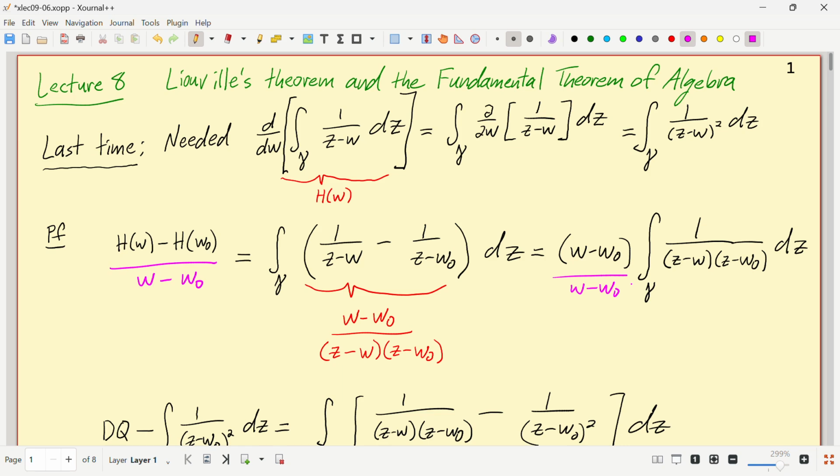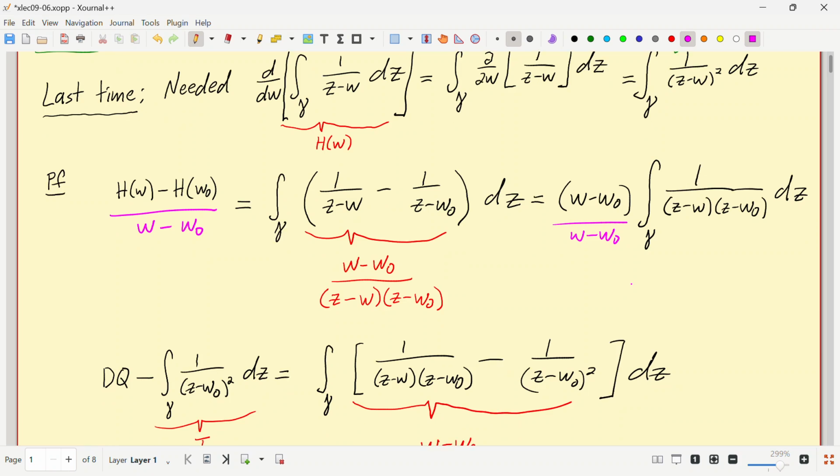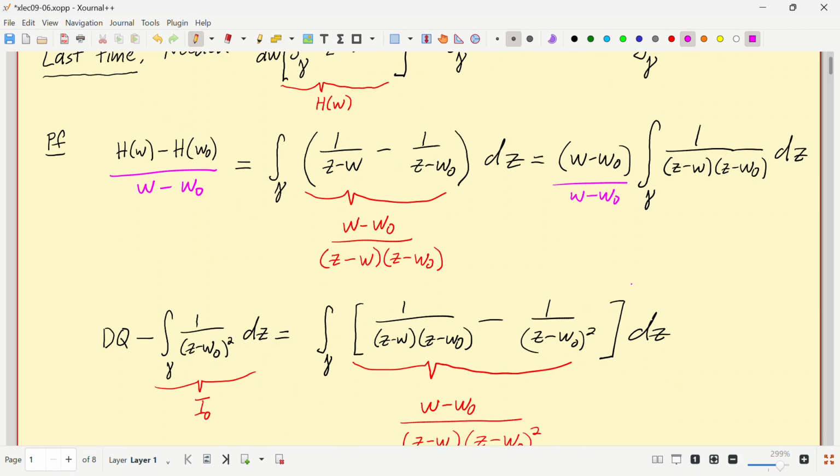So what I need to estimate to show that the difference quotient does do what I expected it to do, I'll call that integral with respect to 1 over z minus w naught squared, I naught, for integral sub naught.